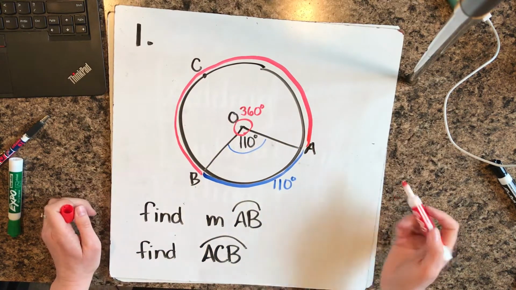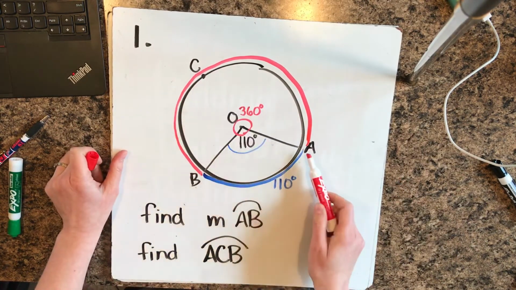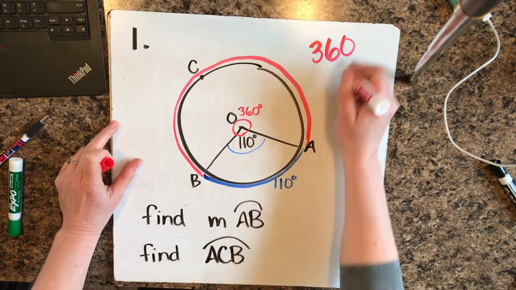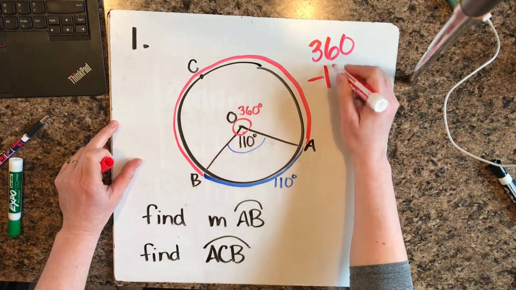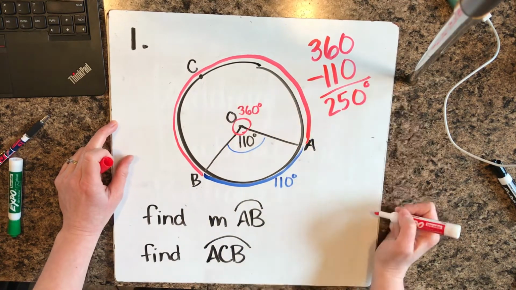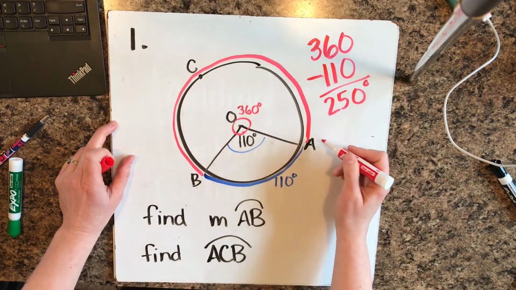That's a major arc, so we have to use 3 letters to name it. So arc ACB is the whole entire circle minus this other part we already figured out. Quickly, I don't even need a calculator, this arc is 250 degrees.